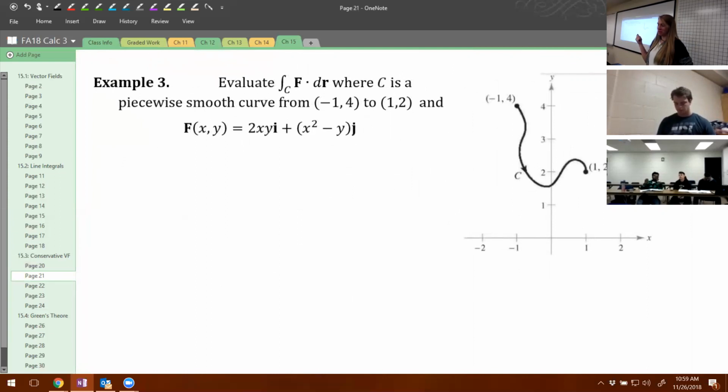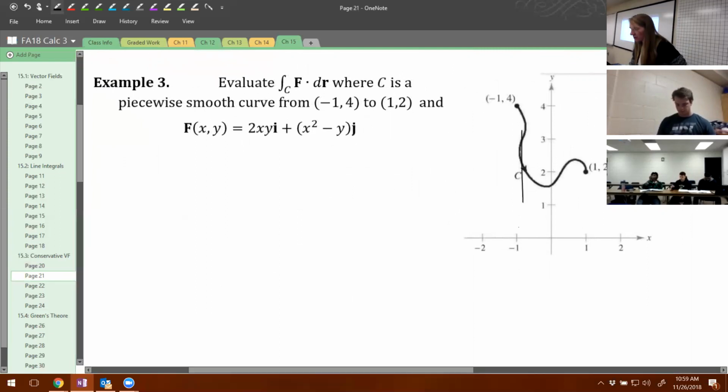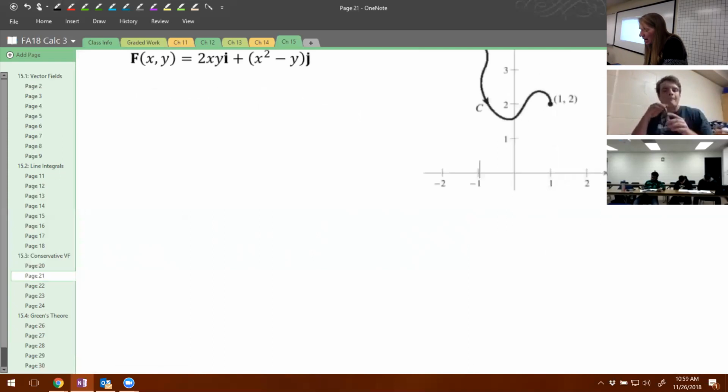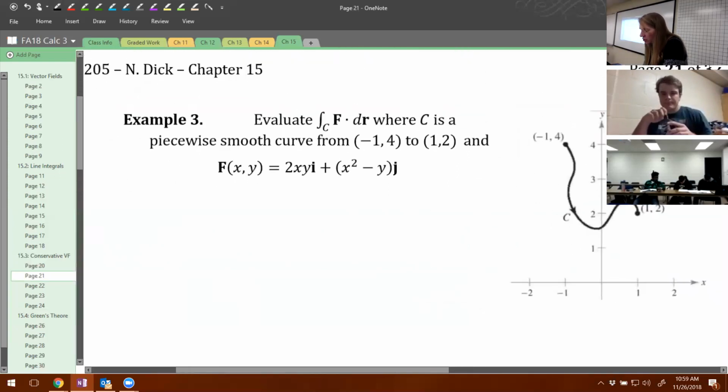It's not linear. It's definitely not a parabola. It's not a sine. It isn't even really a function technically. I mean, it fails the vertical line test over here. So this would be an incredibly difficult problem if this thing isn't conservative, because that is a very difficult curve to try to parameterize. So we can start to hopefully see the benefit of this. But again, the first thing we have to do is check and see if it's conservative.